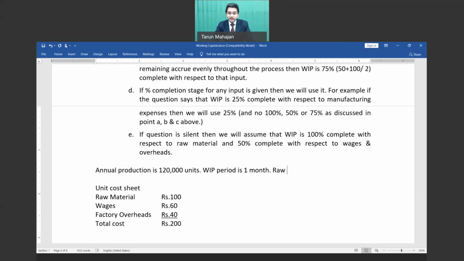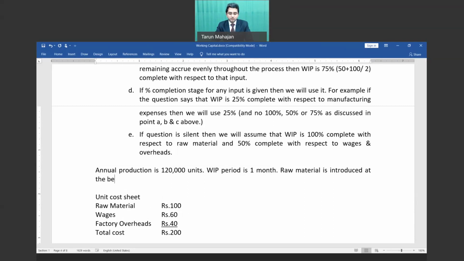Now, the question says that raw material is introduced at the beginning of the process.